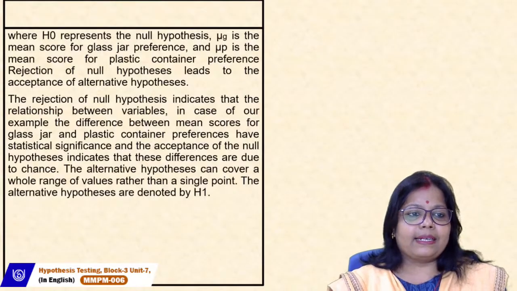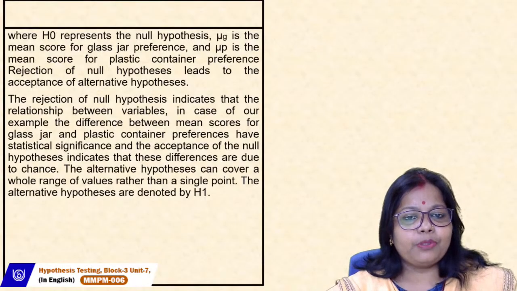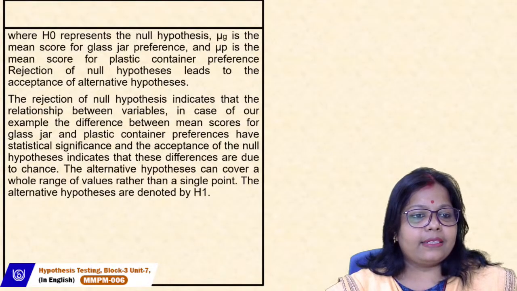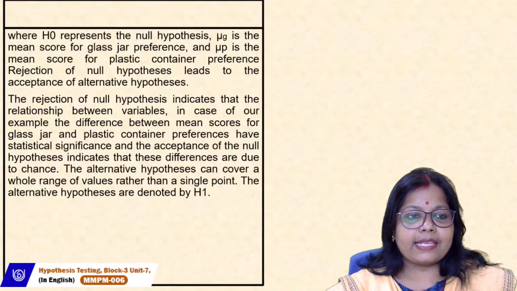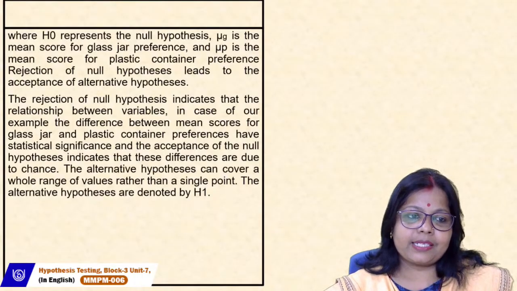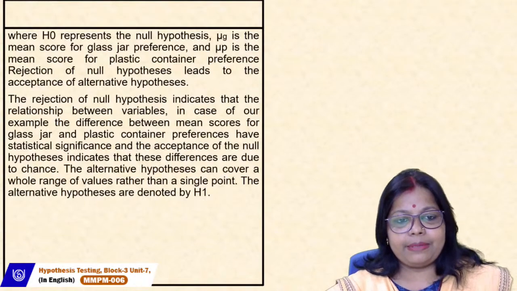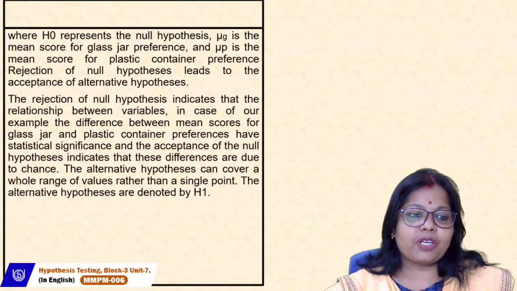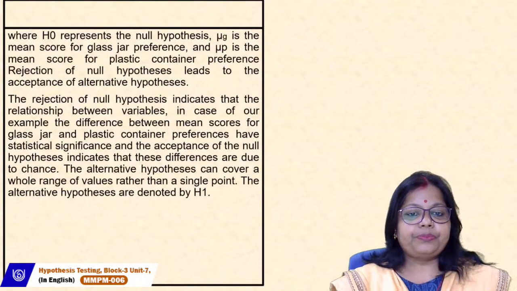So the rejection of the null hypothesis indicates that the relationship between variables, in the case of our example the difference between mean scores of glass and plastic container preferences, has statistical significance, and the acceptance of the null hypothesis indicates that these differences are due to chance.